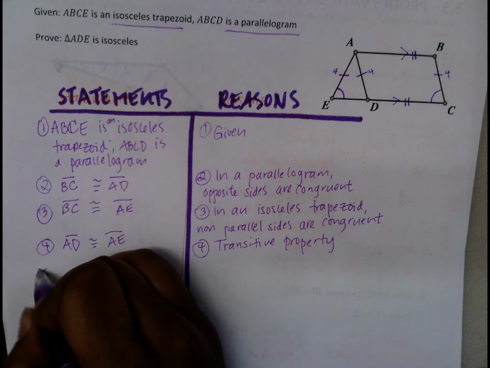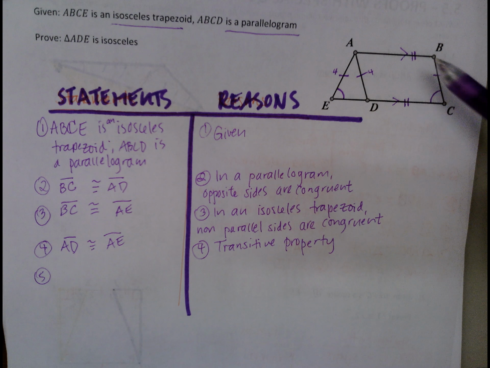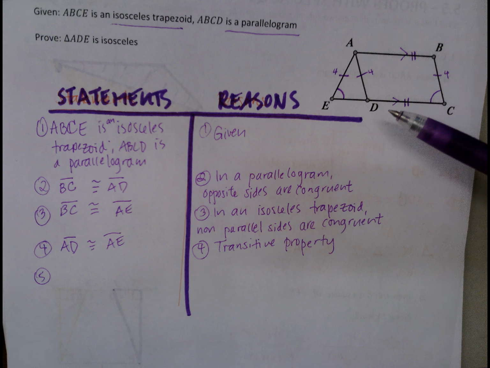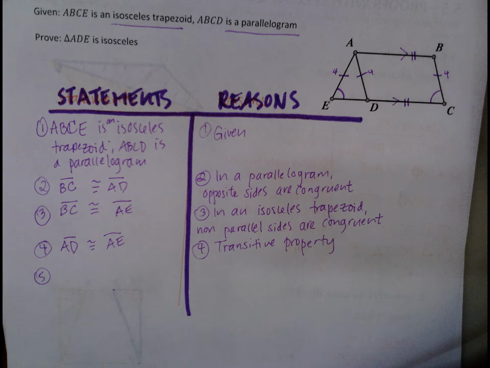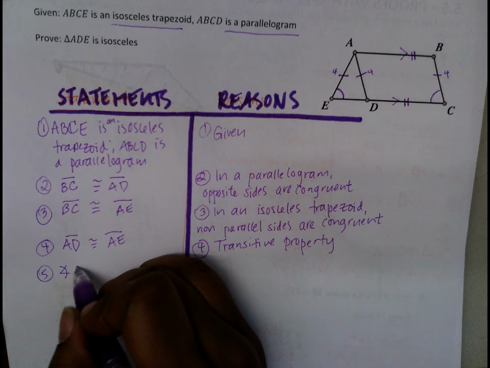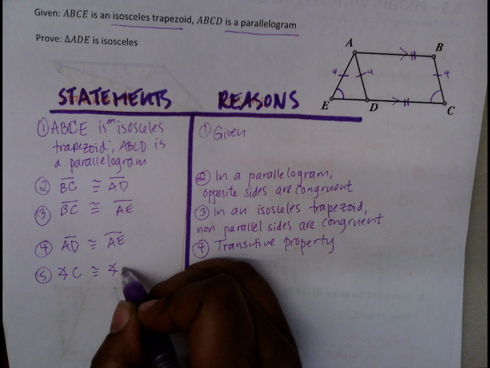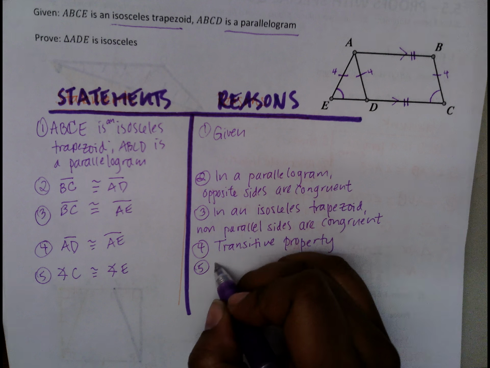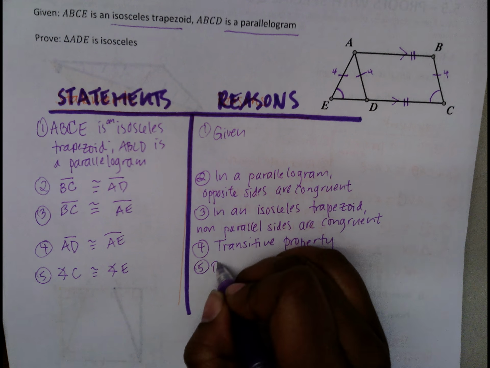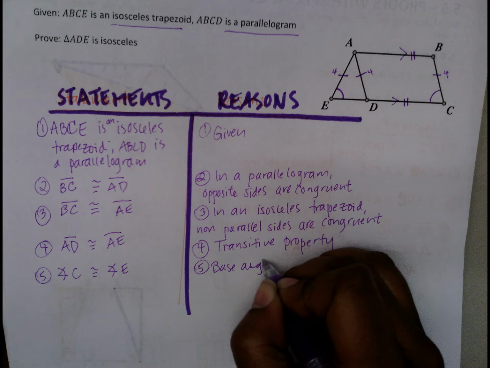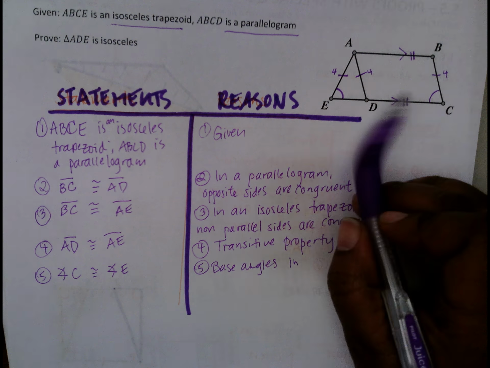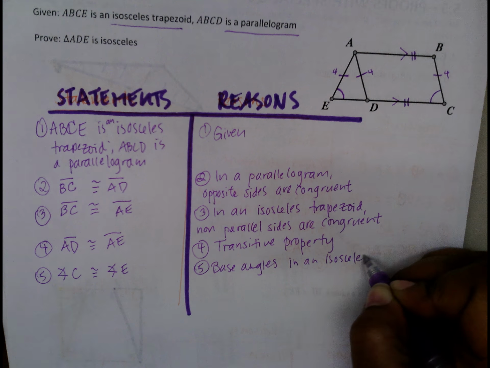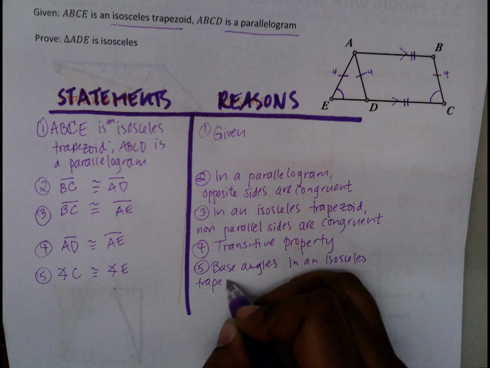And we're going to use that same transitive property, even though we can look at triangle ADE and know that it's isosceles. I'm just going to take it a step further, and we can use that same property for the angles, right? So if I know that angle C is congruent to angle E, that's because base angles in an isosceles trapezoid. Base, I just mean the 2 angles at the bottom here. Base angles in an isosceles trapezoid are congruent.